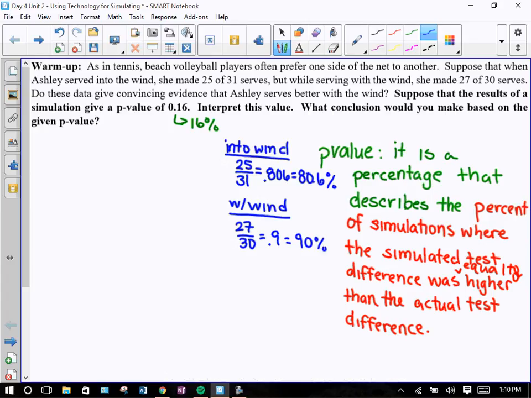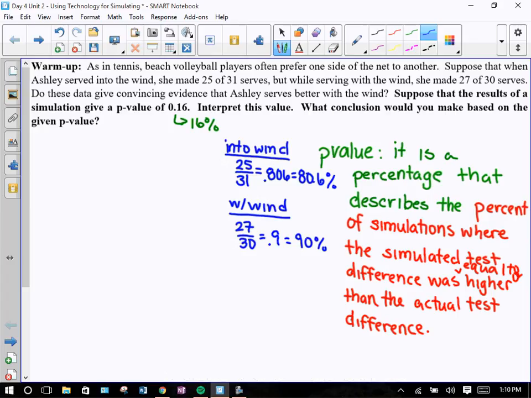All right. So, Janida, how do we find our test statistic now? Subtract what? And why do we do it that way? Because it's saying, do these data give convincing evidence that she actually serves better with the wind? So since we're saying with the wind, we're doing with wind minus into the wind.